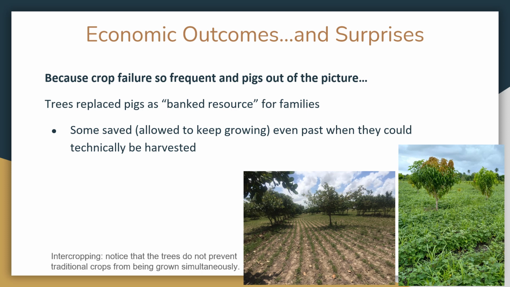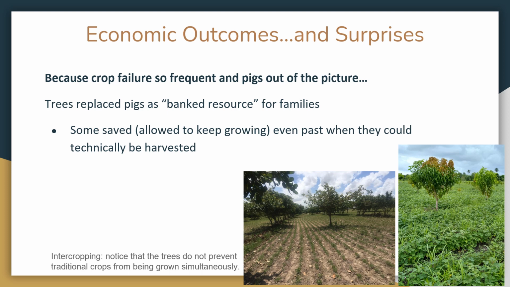Because crop failure was so frequent, and now pigs were out of the picture for most Haitian families, these free saplings, these trees, replaced pigs as a banked resource. So some of the trees were saved and allowed to keep growing even past when they could be technically harvested, because the literal piggy bank converted from pigs into trees.